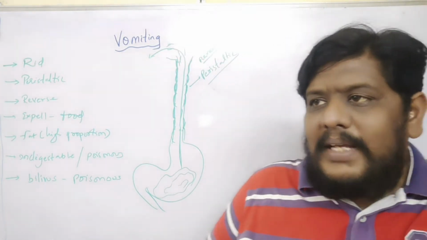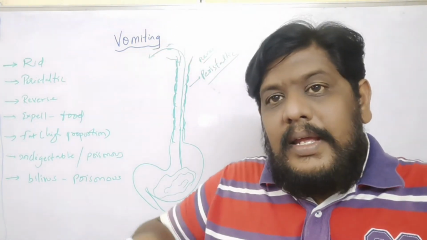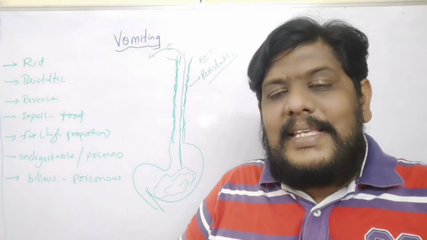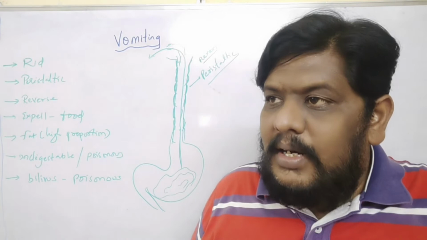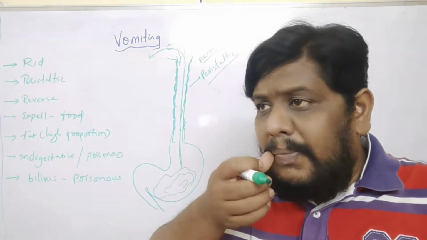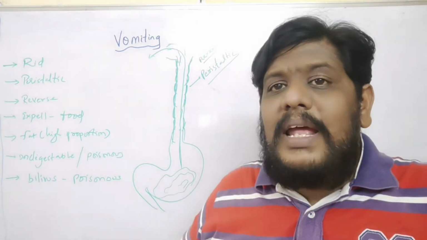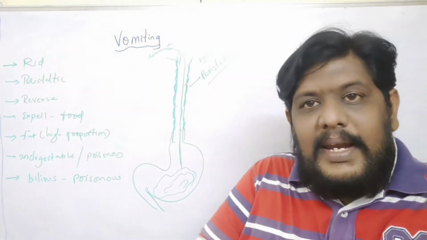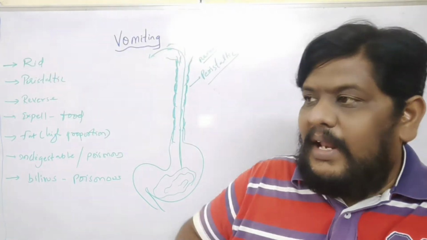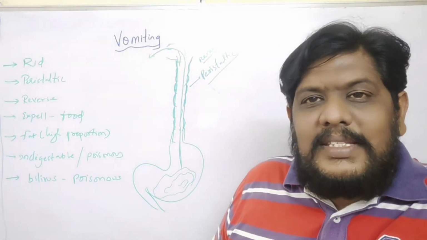Most of the time, why does vomiting take place? Because if you take an excess amount of fat in your diet, and when the diet is more than what you require, if you overeat, sometimes there will be biryani at home or any kind of food you like, so you'll not resist yourself.